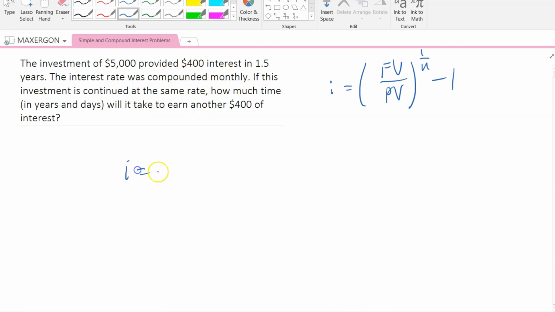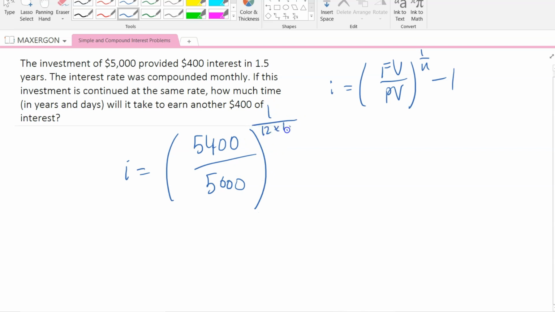So this formula gives us I equals 5,400, because it's a 5,000 investment and $400 interest, which gives the future value of 5,400, divided by 5,000, and 1 over 12 times 1.5, because n equals m times t.